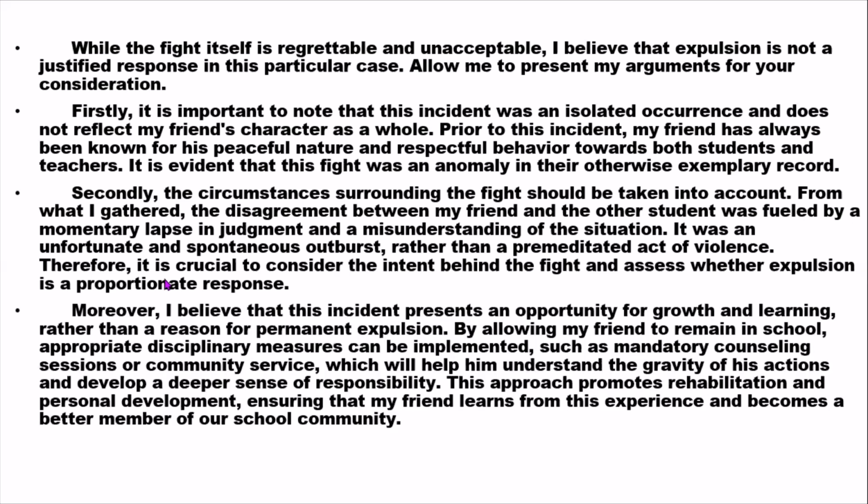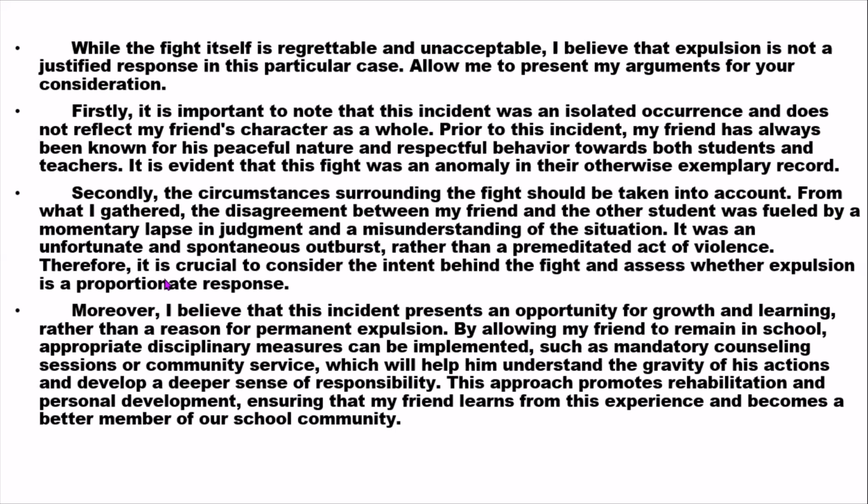Moreover, I believe that this incident presents an opportunity for growth and learning rather than a reason for permanent expulsion. By allowing my friend to remain in school, appropriate disciplinary measures can be implemented, such as mandatory counseling sessions or community service, which will help him understand the gravity of his actions and develop a deeper sense of responsibility.